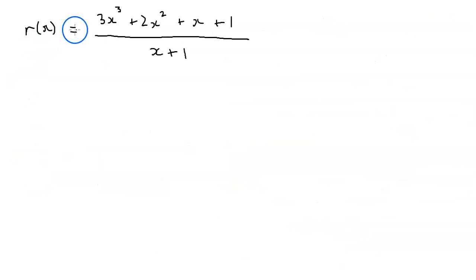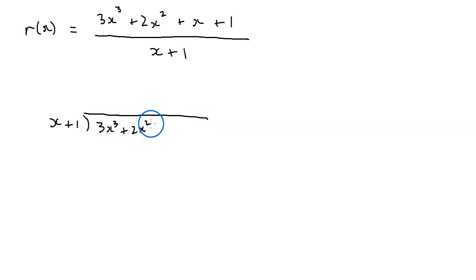Alright, let's consider r of x equals 3x cubed plus 2x squared plus x plus 1 divided by x plus 1. Real original, I know. So let's go ahead and do our long division. X plus 1 into 3x cubed plus 2x squared plus x plus 1. And we multiply it by 3x squared. So that gives us 3x cubed plus 3x squared.